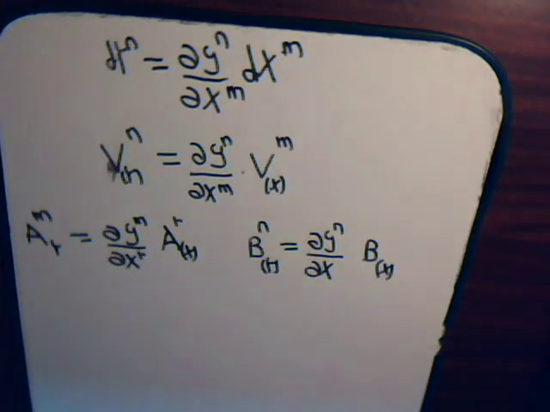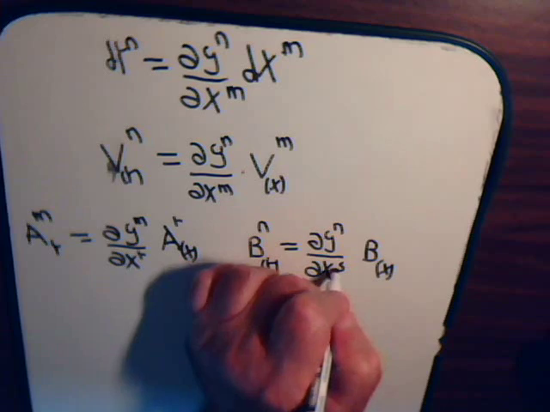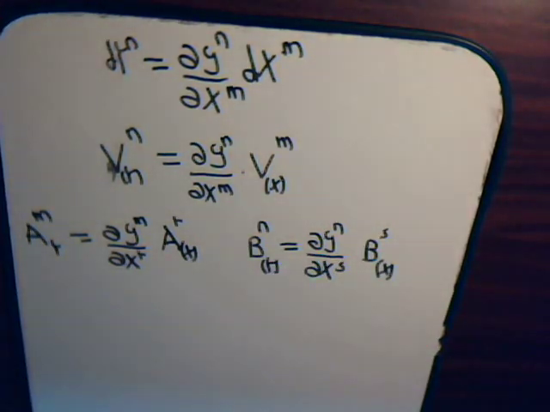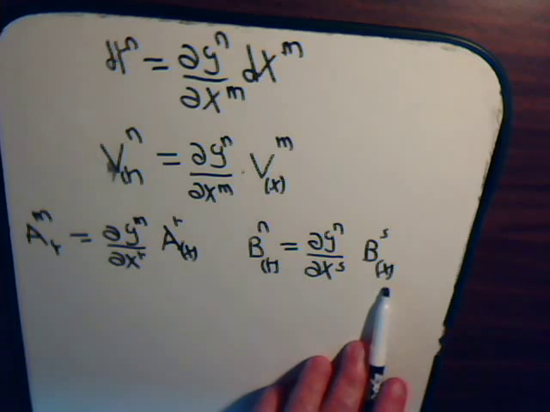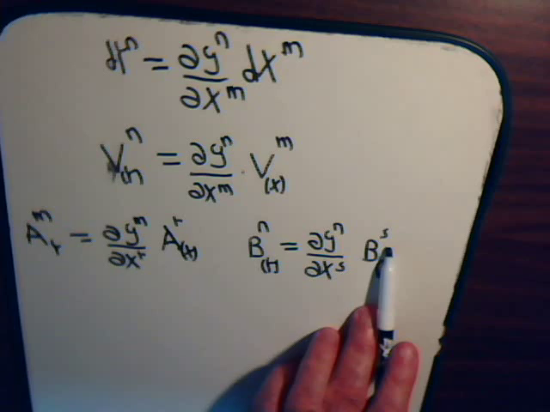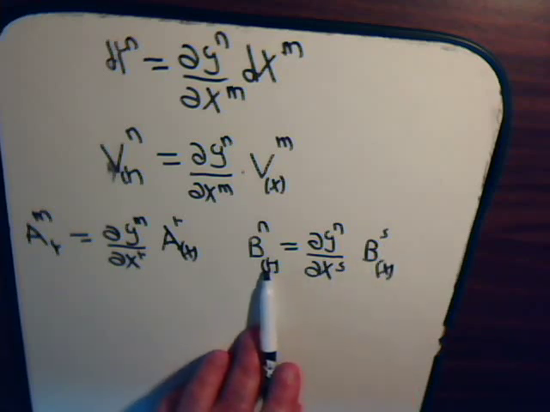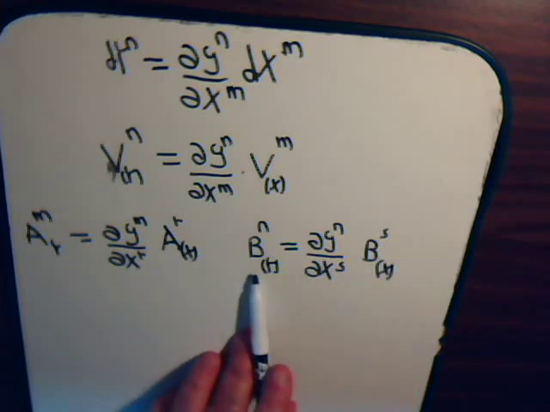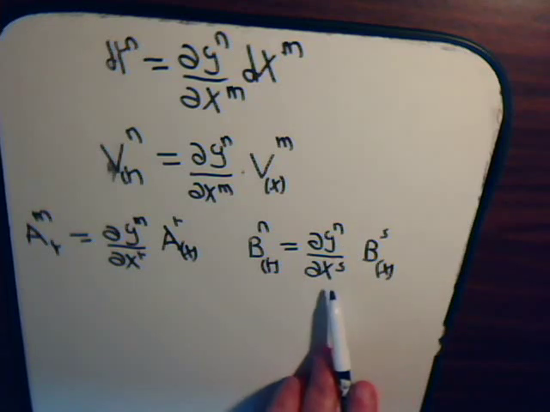And then for our repeating index, let's use S. So here the vector in the x-coordinate system, a particular component of it, transforms into a particular component of the vector in the y-coordinate system, again by taking these same types of partial derivatives.